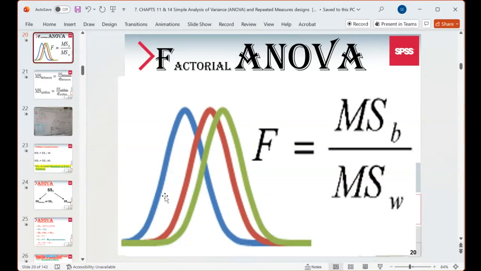But if we reject the null, meaning there are differences, now we need to know, well, where are the differences? Is it difference between CBT and cognitive therapy, or CBT and humanistic, or CBT and psychoanalytic? It depends how many groups you have. What are the differences? I mean, difference between which one?